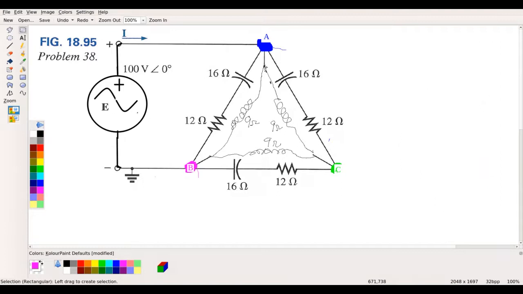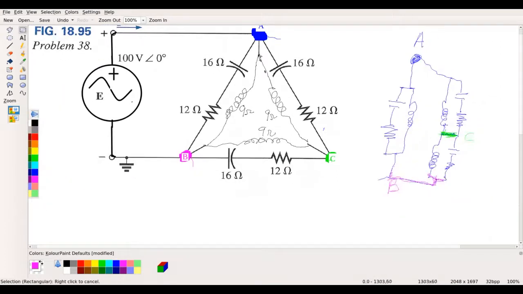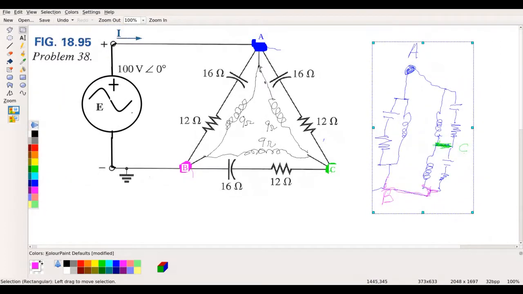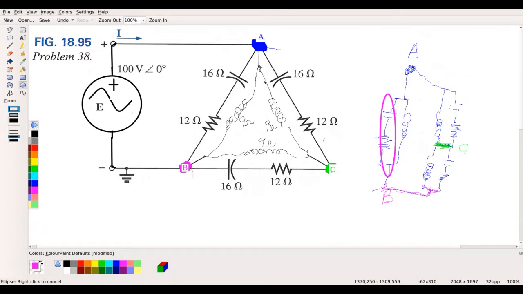So our total impedance now between A and B is this section here, where we have the inductor of 9 ohms in parallel with a 16 ohm capacitive reactance and a 12 ohm resistance.